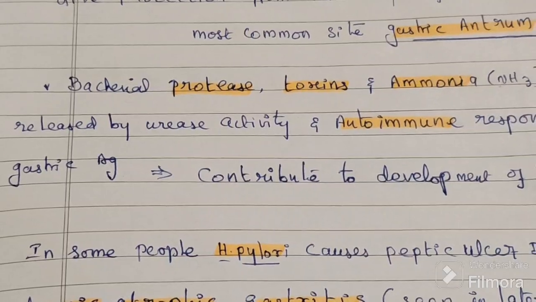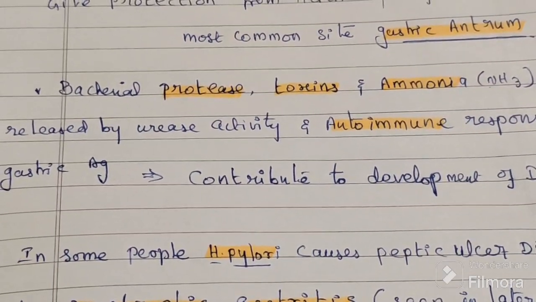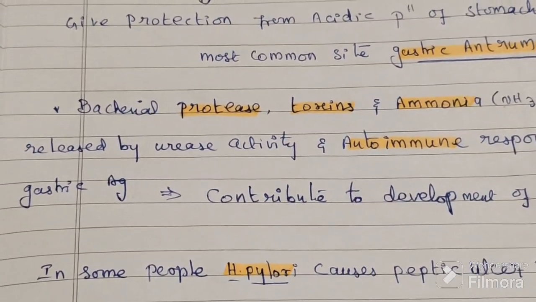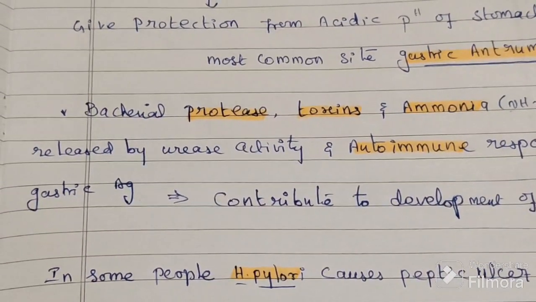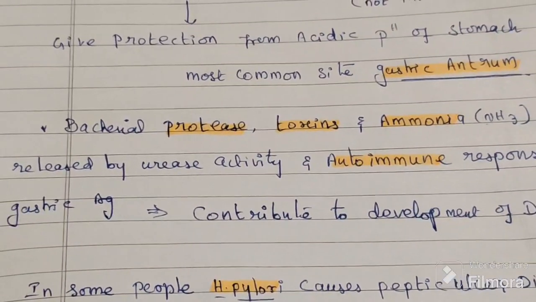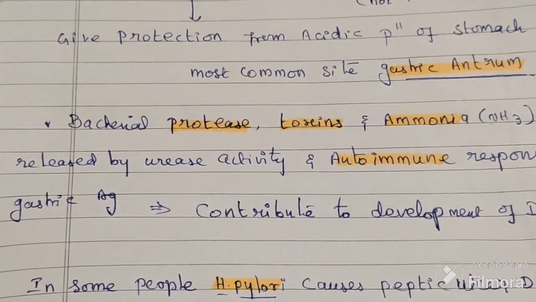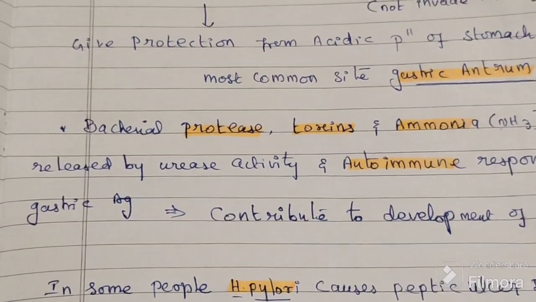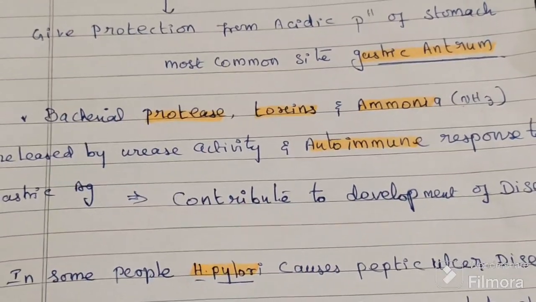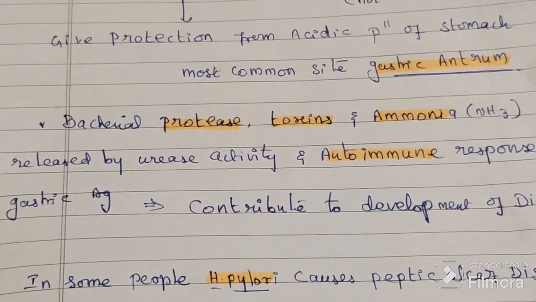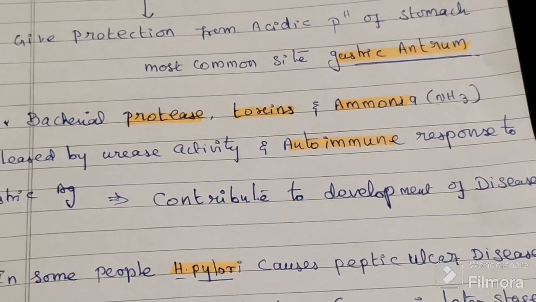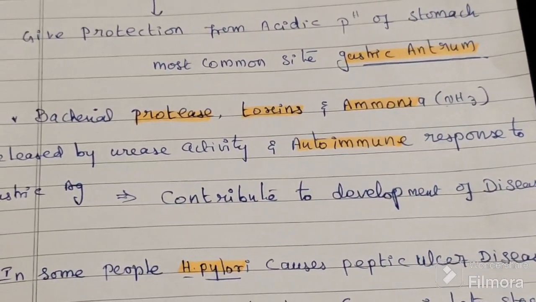The bacterial protease, toxins and ammonia released by urease activity, and the autoimmune response to gastric antigens, all these contribute to the development of disease caused by H. pylori.